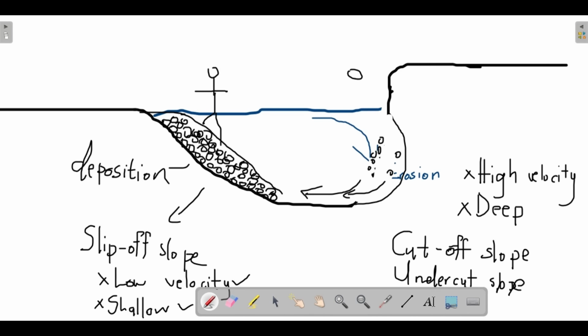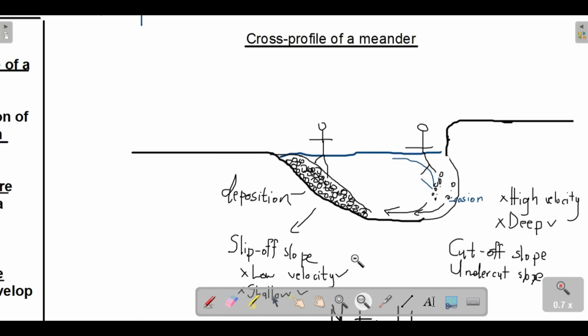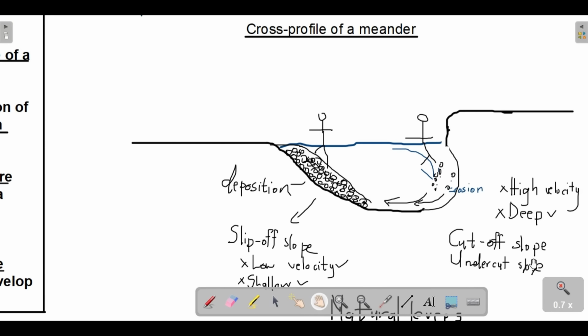Whereas stepping on that slope would be dangerous because it has high velocity, so it can carry you away with it, and it is also deep, so it is not safe at all. So know these two types of slopes and the processes that occur. As we said, on the cut-off slope we see erosion and on the slip-off slope we see deposition, right?